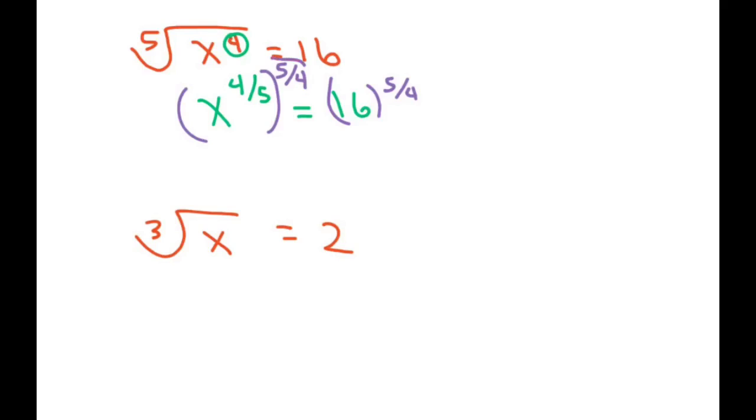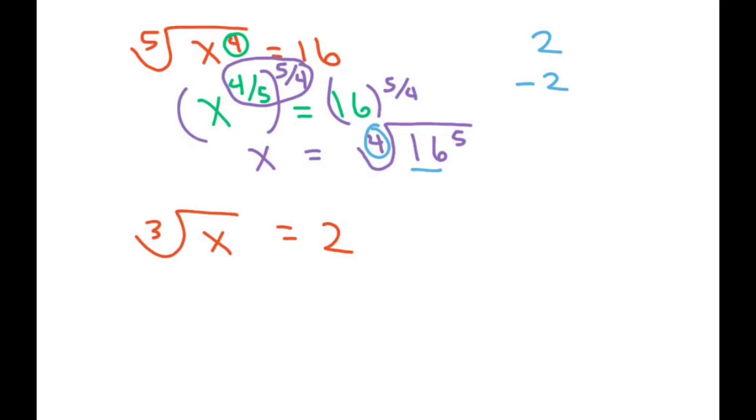So this just equals 1, so you get x to the first power. We're going to write this as the 4th root of 16 to the 5th. The first thing I want to do is take the fourth root of 16. The fourth root of 16 is 2 and negative 2. So now we have to power it by 5, and that's going to be 32 and negative 32.